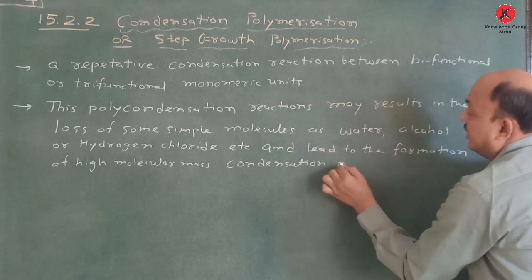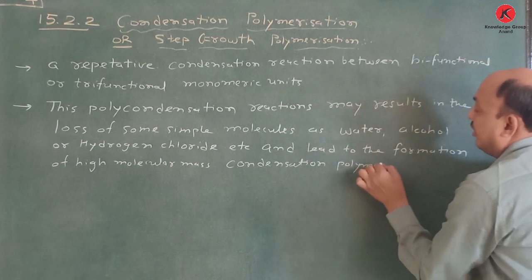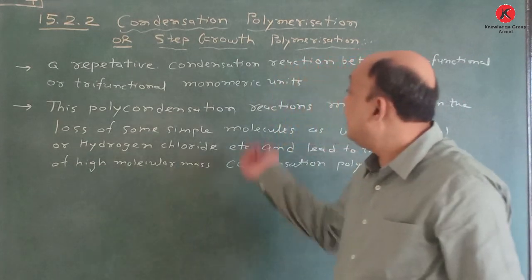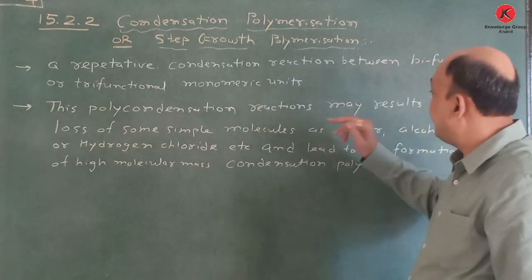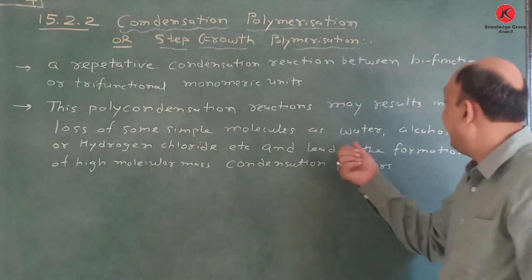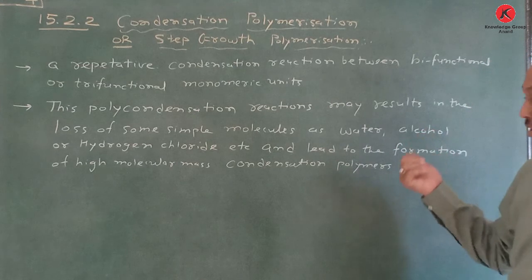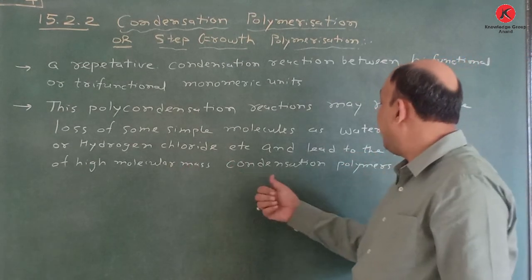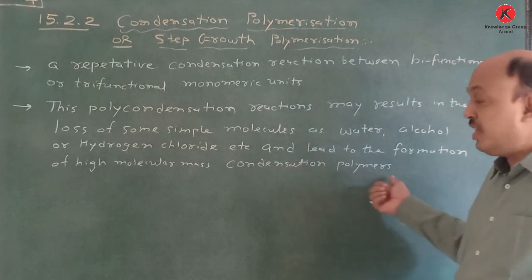This is a very easy topic. To understand: this polycondensation reaction may result in the loss of some simple molecules such as water, alcohol or hydrogen chloride and lead to the formation of high molecular mass condensation polymers.